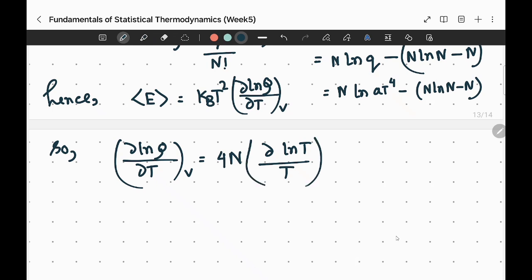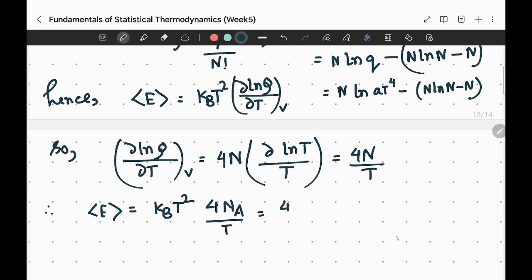Is it clear, or should I do the intermediate steps? Okay. So it is 4N by T. So k_B T squared, it is 4 N_A by T, so it is again 4N.